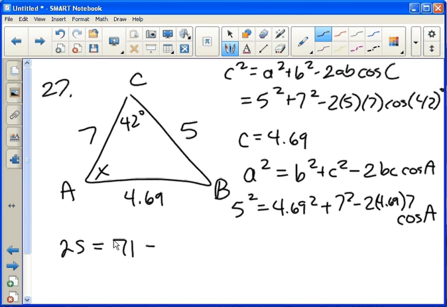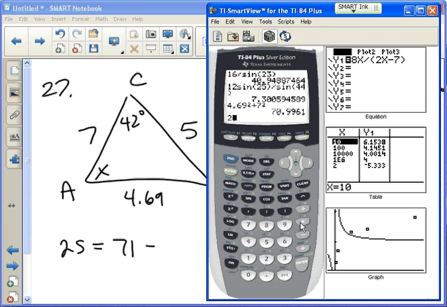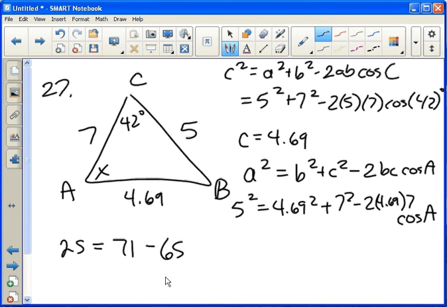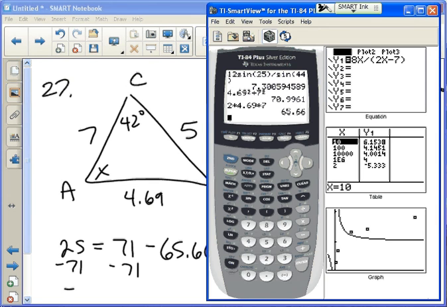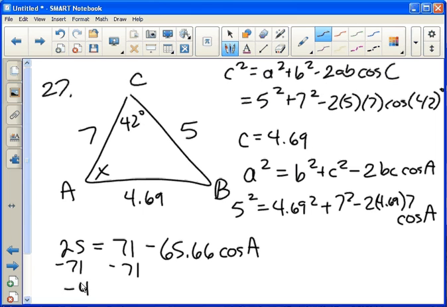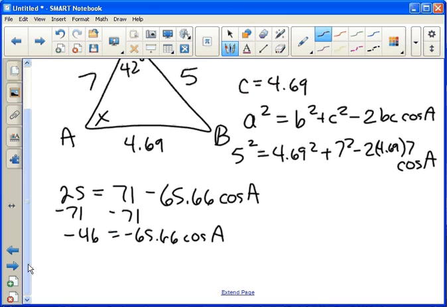So we get 65.66 cosine of A. So then we subtract 71 from both sides. Negative 46 equals negative 65.66 cosine A. So we divide both sides by negative 65.66. That gives us 0.700 equals cosine of A.